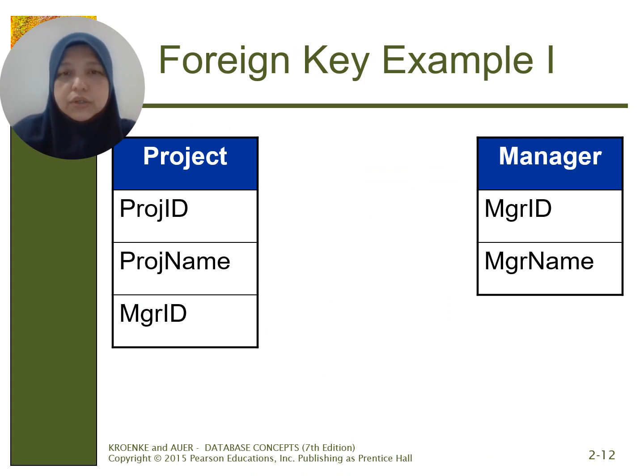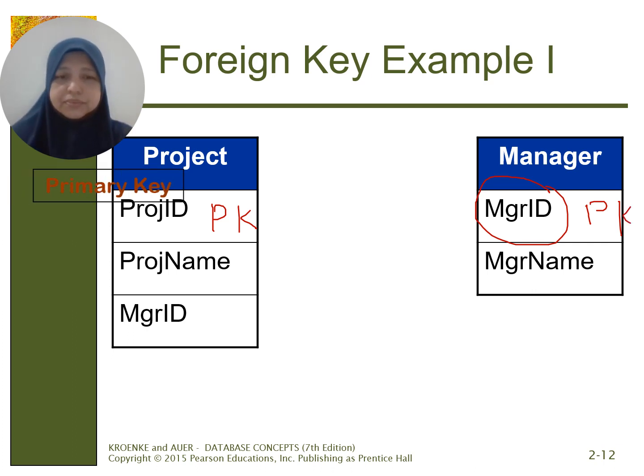For example, between these two tables, you have table project and table manager. Project ID is the primary key, which means project ID can determine all the rows of the project, such as project name and who the manager is. In table manager, manager ID is the primary key, which means manager ID can determine the manager name.